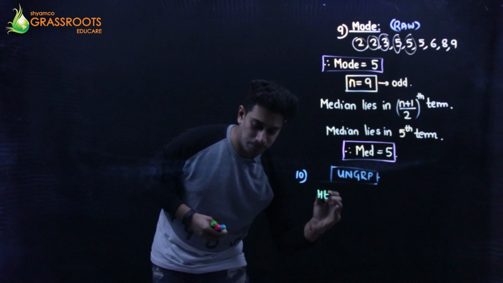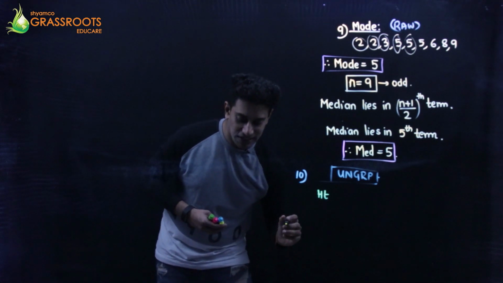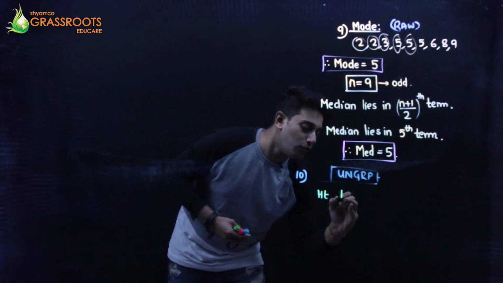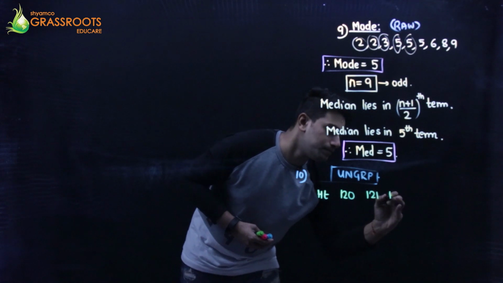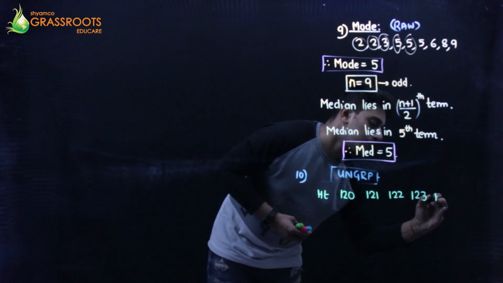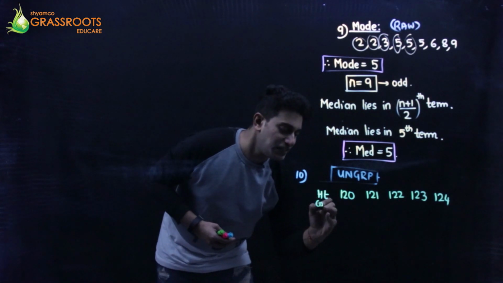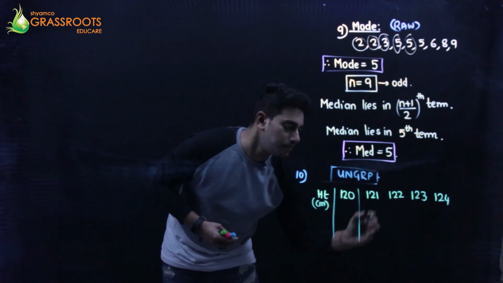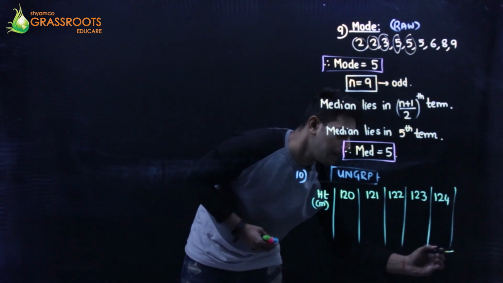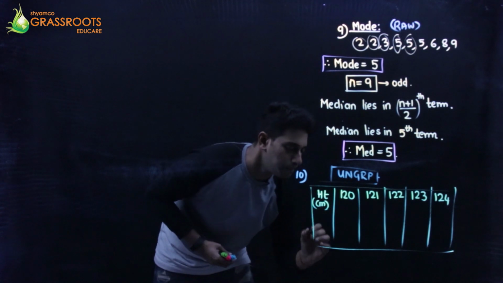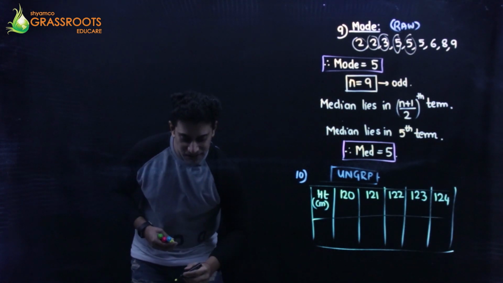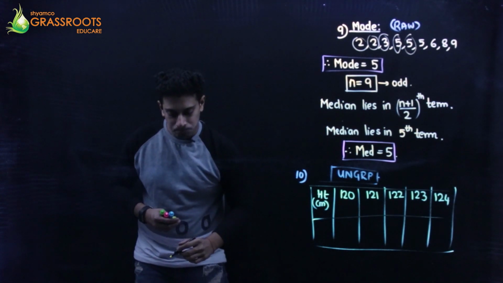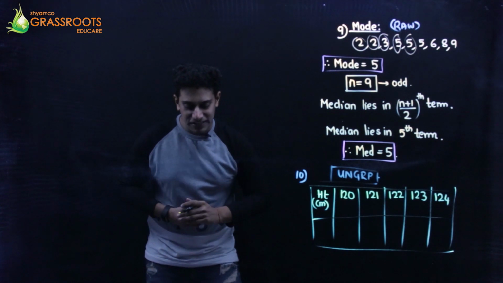Height 120, 121, 122, 123, 124. This is in centimeter. And the frequencies given are 5, 8, 18, 10, 9.